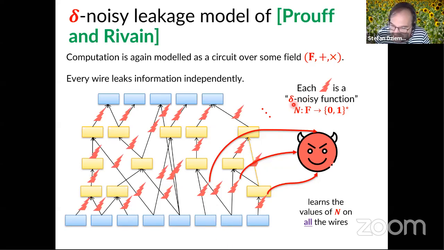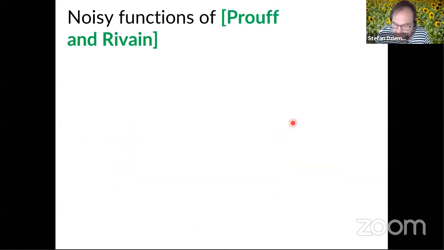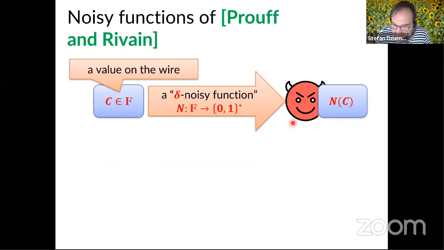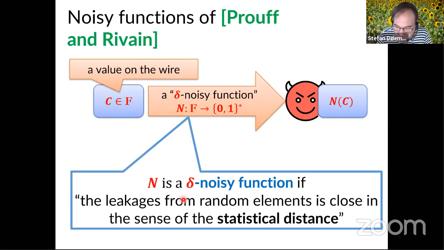So what are these delta noisy functions? They define it like this: if you take a value on a wire and give it to the adversary, the adversary gets n of e. Then we say that n is a delta noisy function if leakages from random elements are close in the sense of statistical distance.